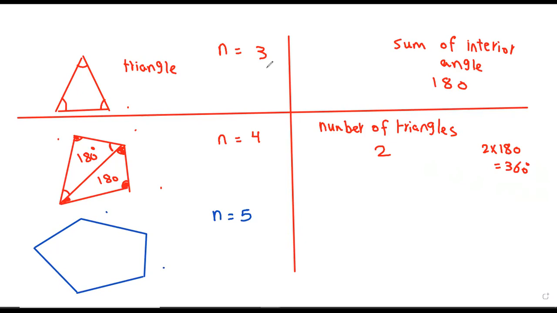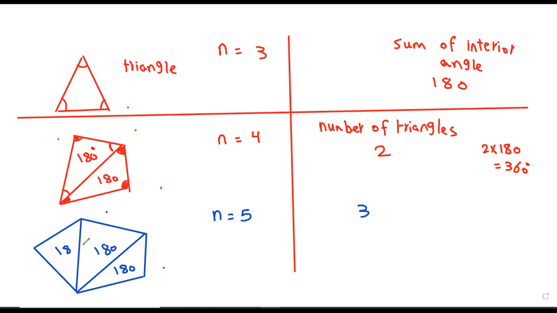From a specific vertex, we can draw a triangle here, the next triangle, and the third triangle. So we have 3 triangles, as you see. So the number of triangles is 3. And each triangle, the sum of the interior angles adds up to 180.